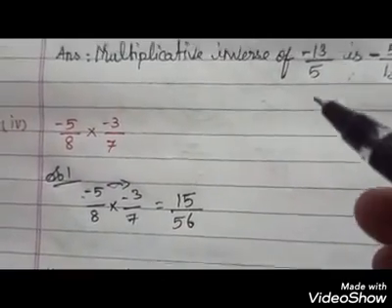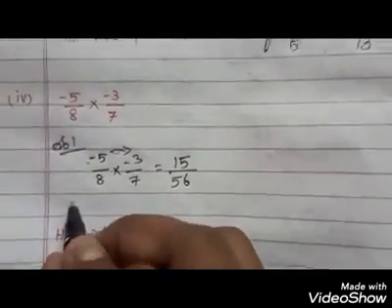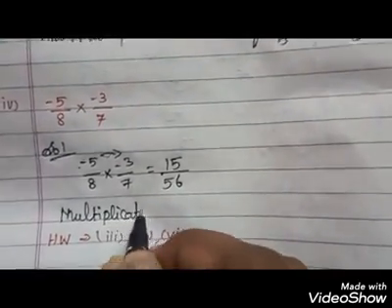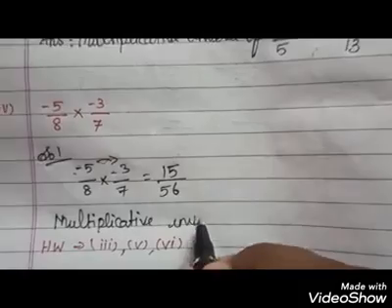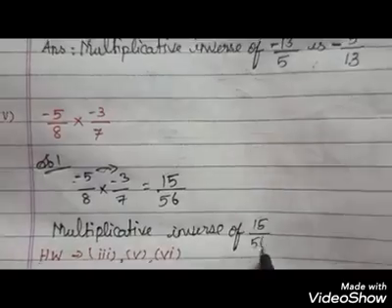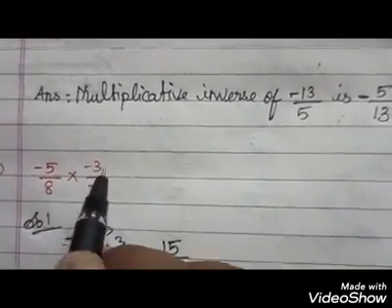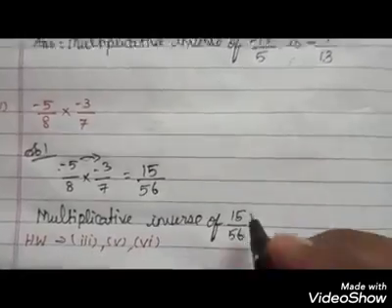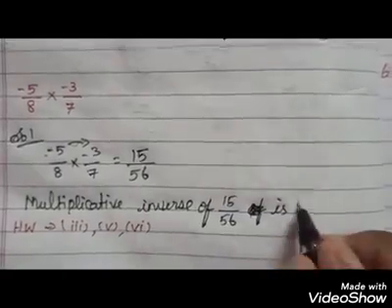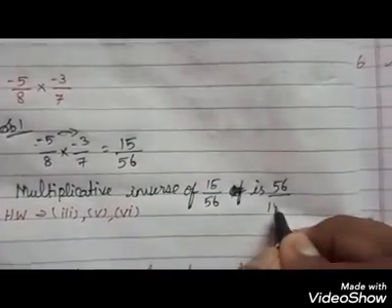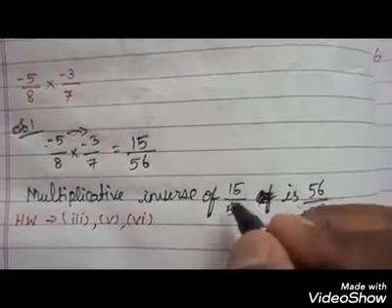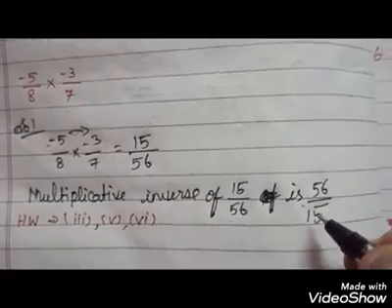So now you write the multiplicative inverse of 15 by 56, because the product of these two rational numbers is 15 by 56. What is the multiplicative inverse? It is 56 divided by 15. So positive becomes positive only. Only thing, you have to take the reciprocal of 15 by 56. It becomes 56 by 15.